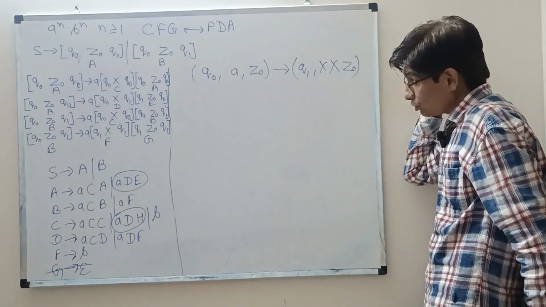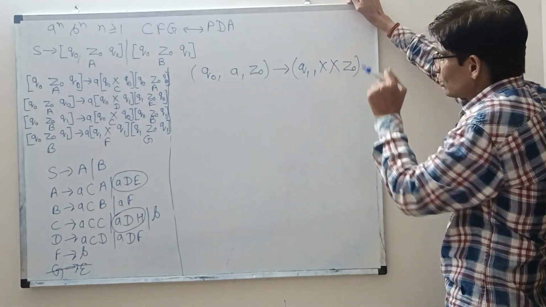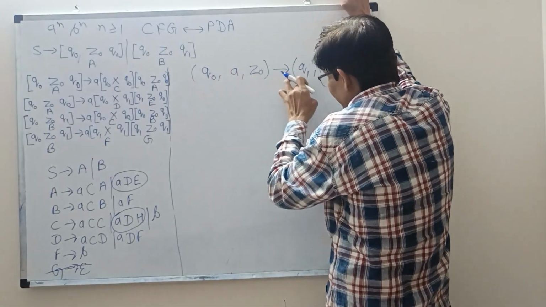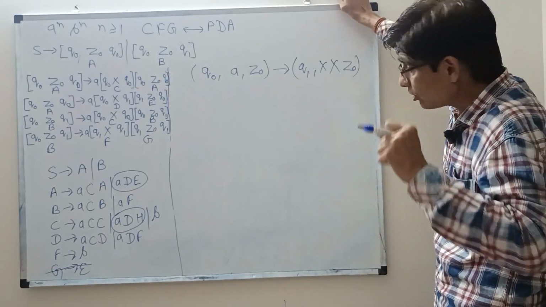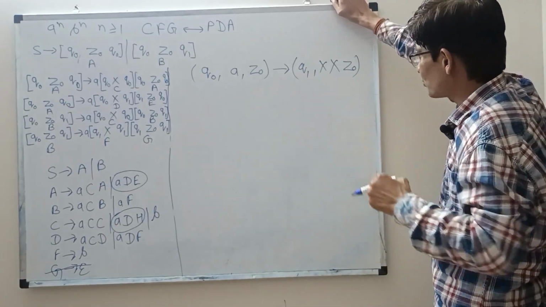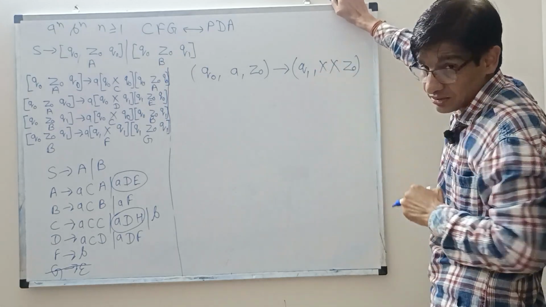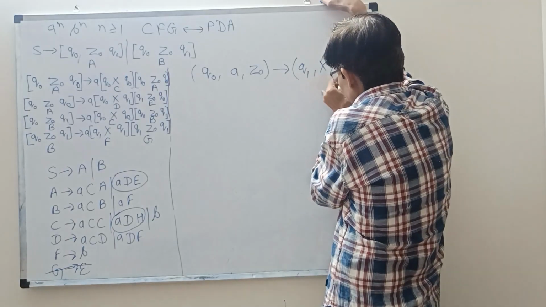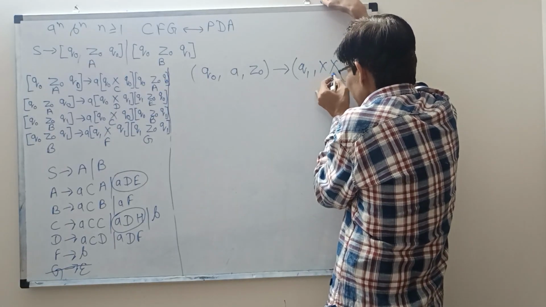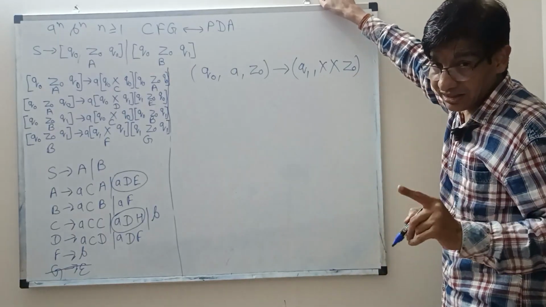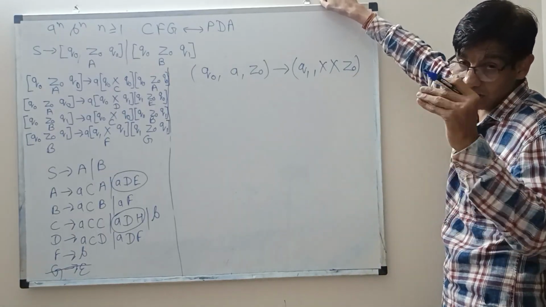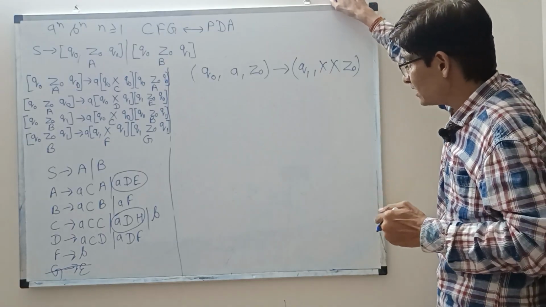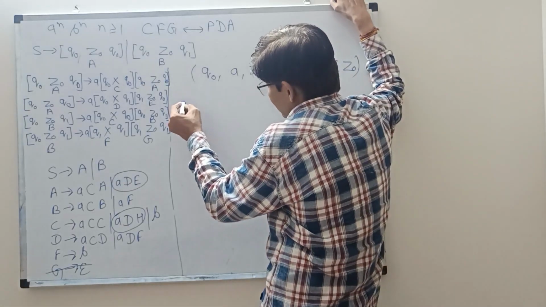Now this time you have three symbols in the right hand side string, and you have two states clearly mentioned in this particular transition. Now how many productions can you create corresponding to this particular transition? We have three positions in the right hand side. As we have three symbols in the stack string, we will have three variables in the right hand side of each production.